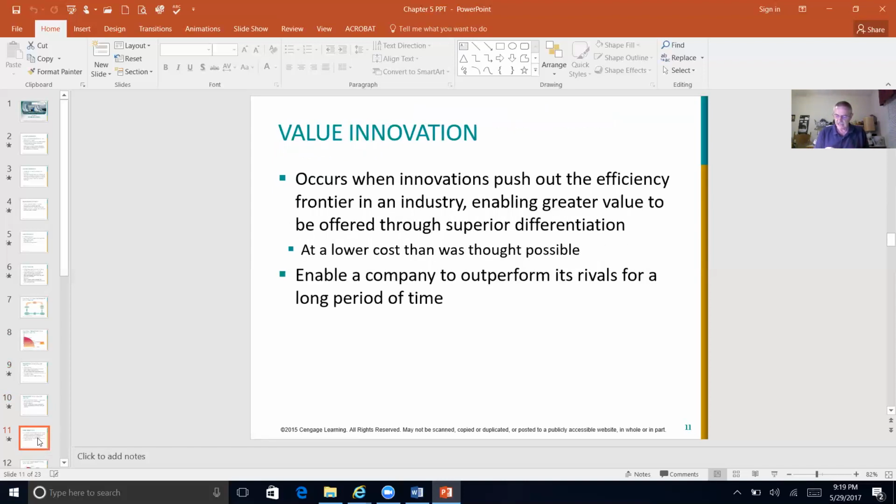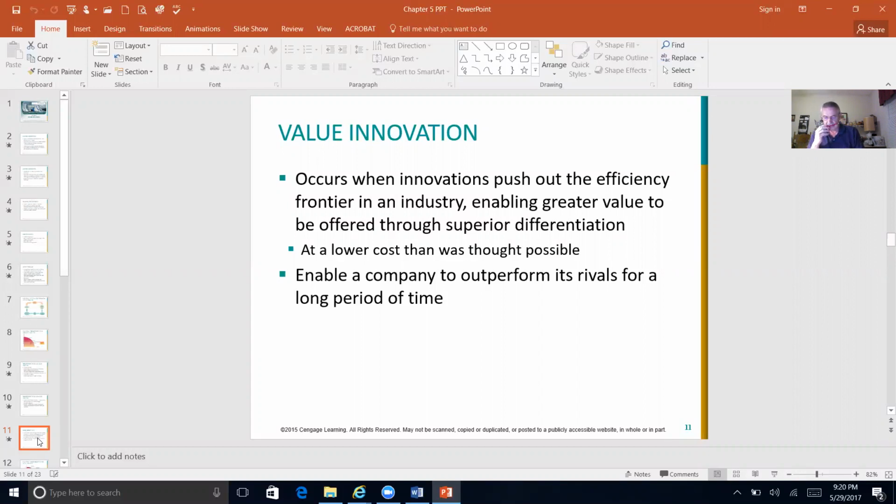Now, as we think about improving one's performance through innovation, the term value innovation is used, and value innovation is over on page 160. Value innovation is really what happens when innovation pushes out the efficiency frontier in an industry, which allows for greater value to be offered through superior differentiation at lower cost than previously thought possible.